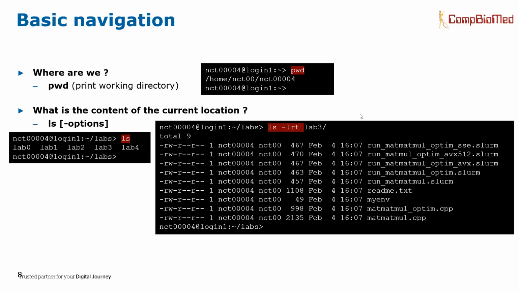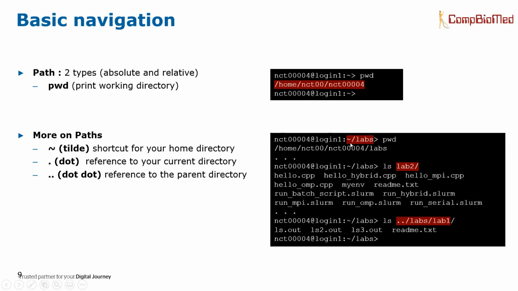Okay, so going forward. As I said, it is important to know where you are when you're using the Linux command line. And there are some shortcuts that are important to know. The first one is pwd.